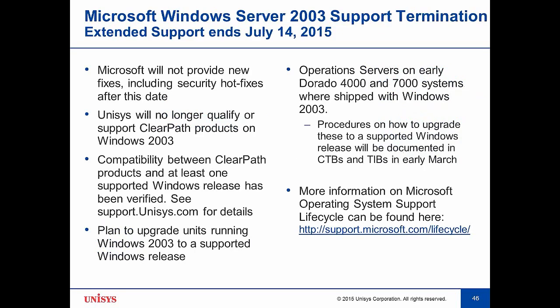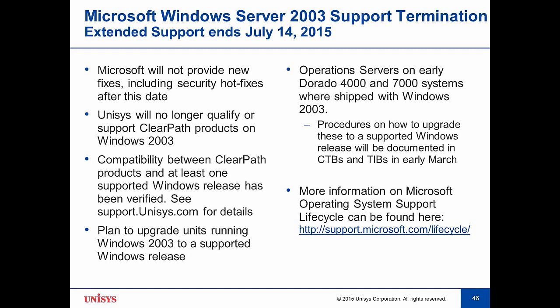Some other information pertinent to our OS 2200 software package. As you know, many of the components that we deliver in our integrated software stack actually execute on a Windows desktop or in some cases a Windows server. Microsoft, as I expect most of you know, is ending its extended support of Windows 2003 in mid-July this year.